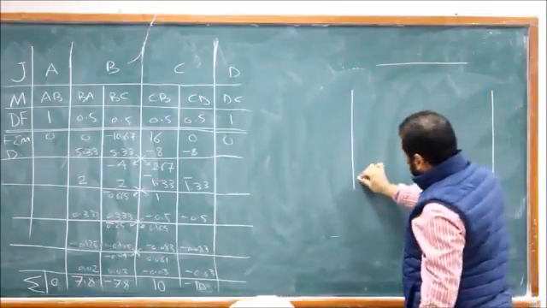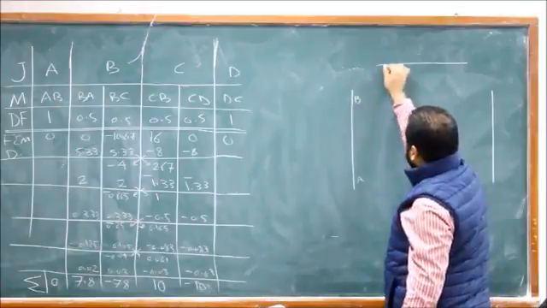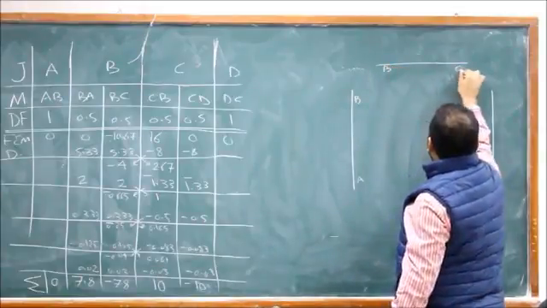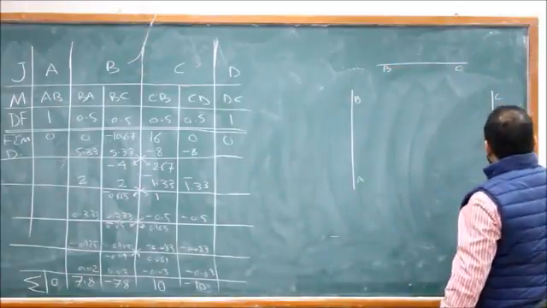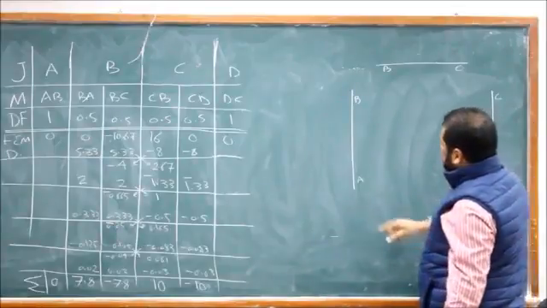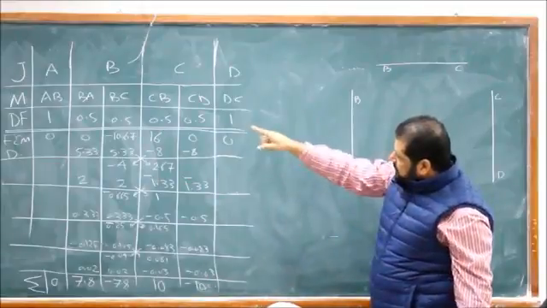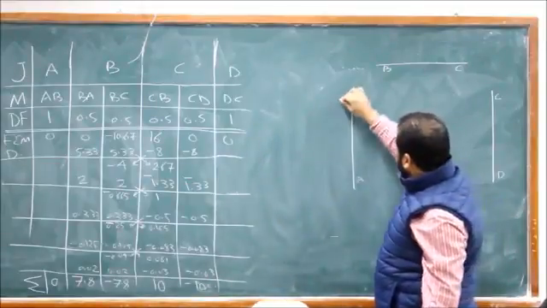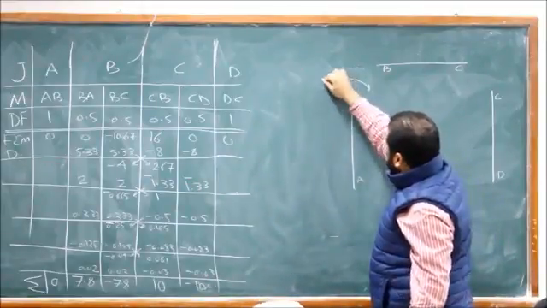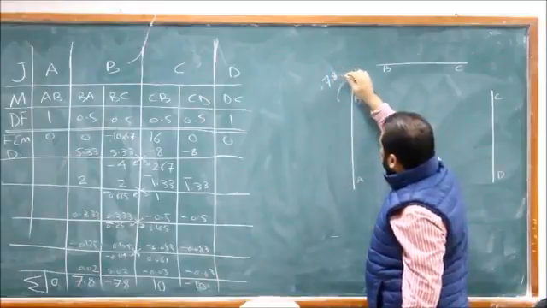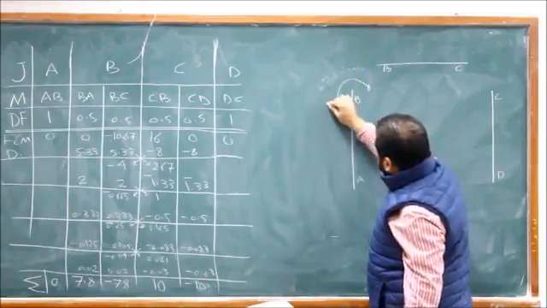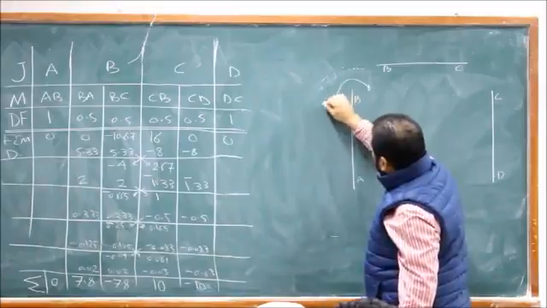So this is A, B, B, C, C, D. What did we calculate? This is 0. VA is 7.8, it means clockwise, 7.8 on the tail.